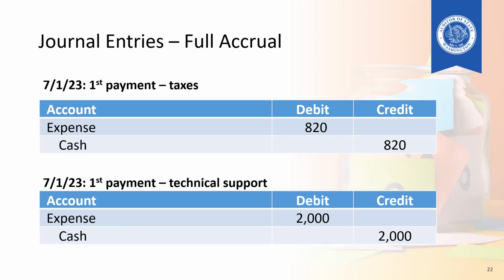In this example, I'm assuming the government made the payment on July 1st when the payment was due. And these payments are going to be made in years 2 and 3 as well. But I'm only going to show you the journal entries for these payments this one time because it'll be the exact same for the remaining 2 payments.